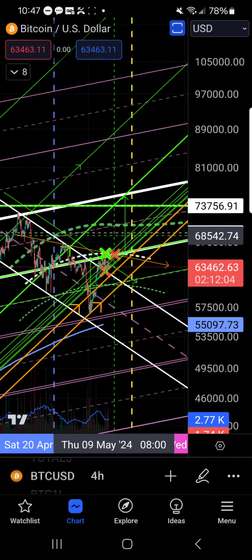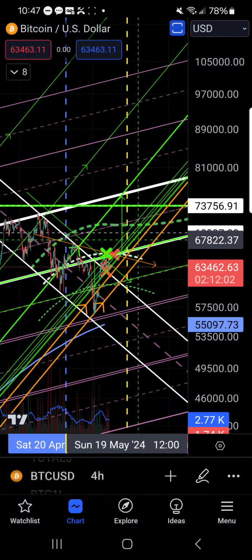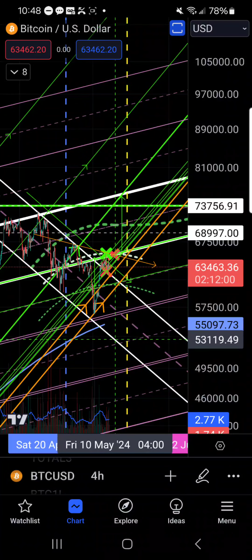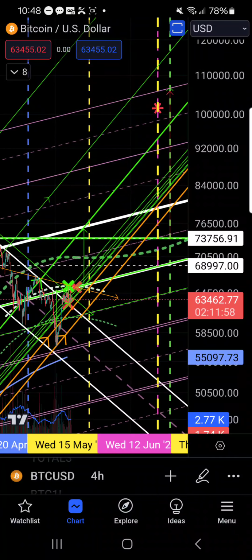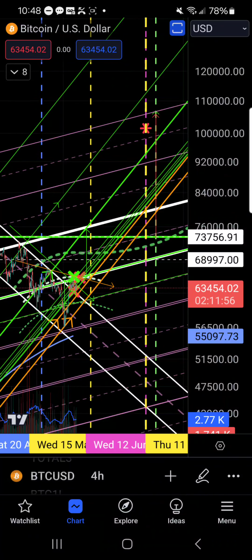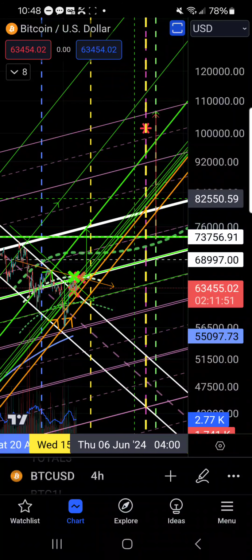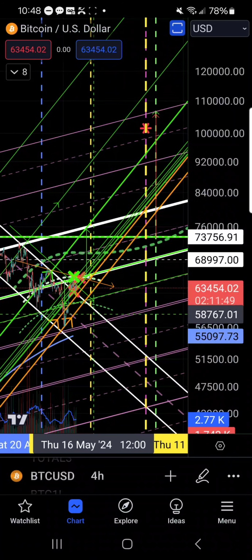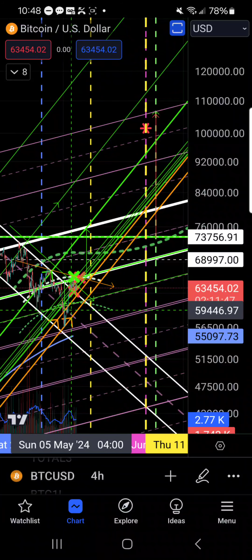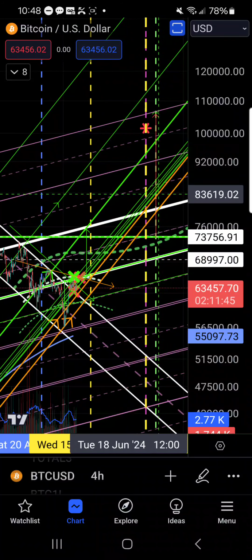I don't see a dump any further downward here, unless the world collapses or something. But as you can see here, the overall movement after we get this straightened out is upwards this way.